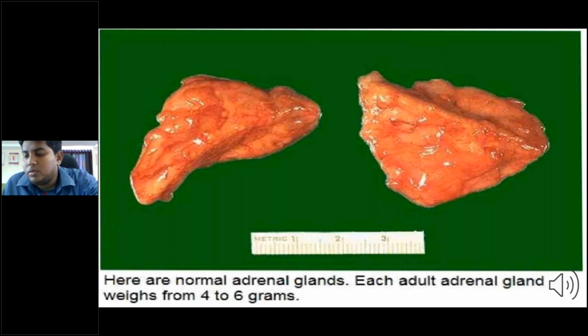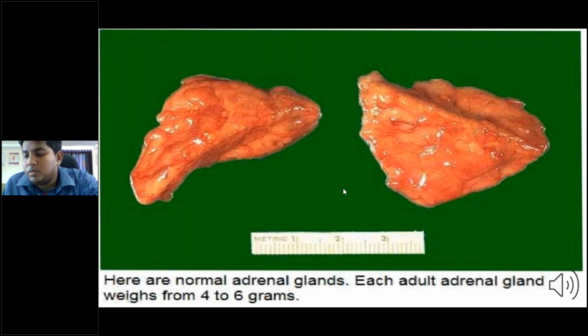So this is a picture of adrenal glands, which shows, as you can appreciate, that these are very tiny glands, roughly around 4 to 6 grams in size. These are the normal adrenal glands.